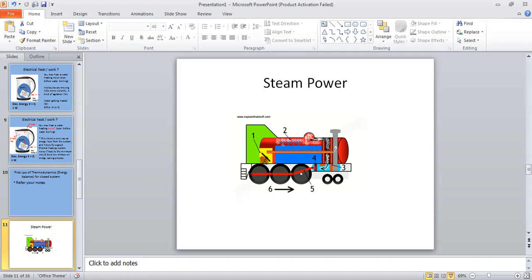The boiler, you have learned a bit. The furnace, the fire, turns water into steam, means the boiling takes place.